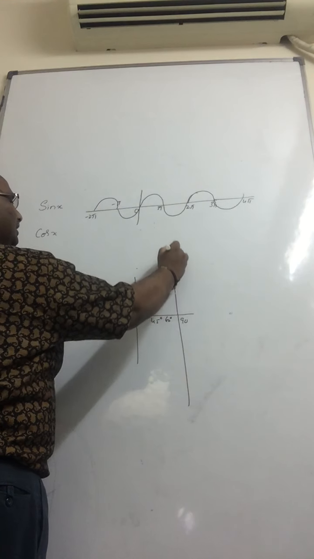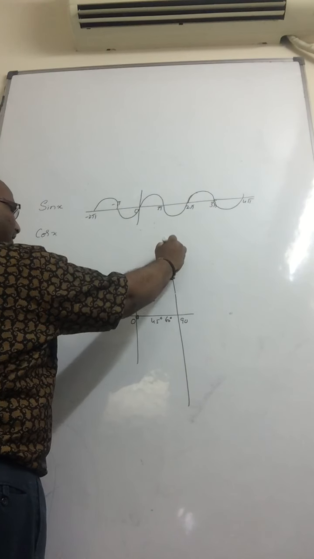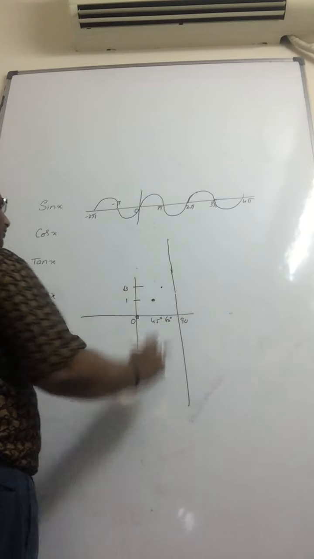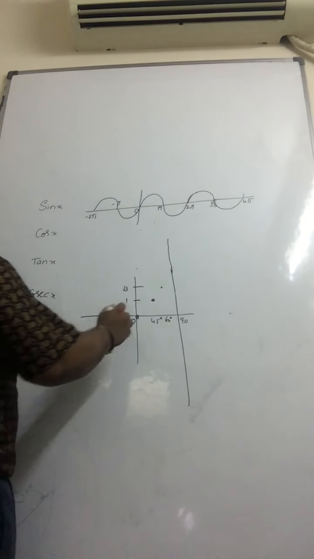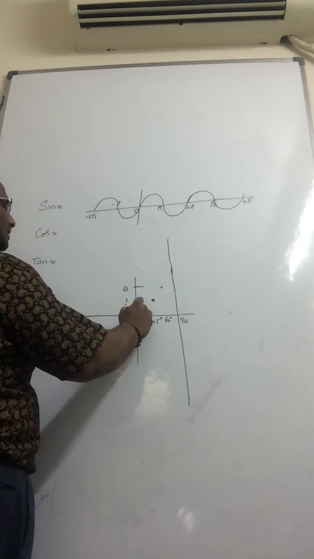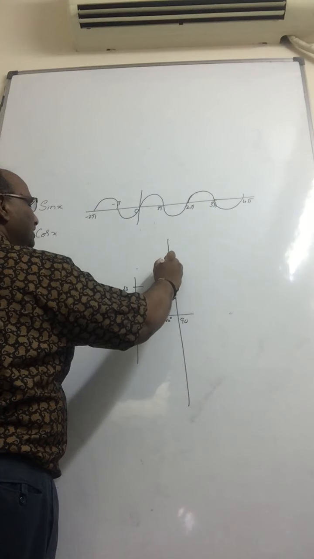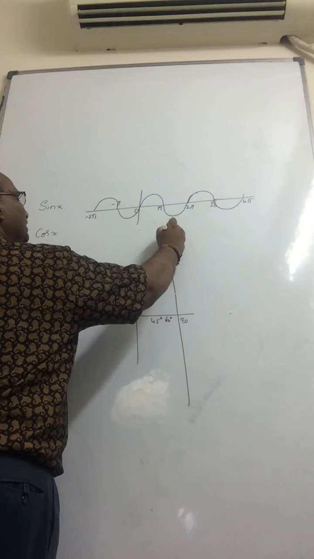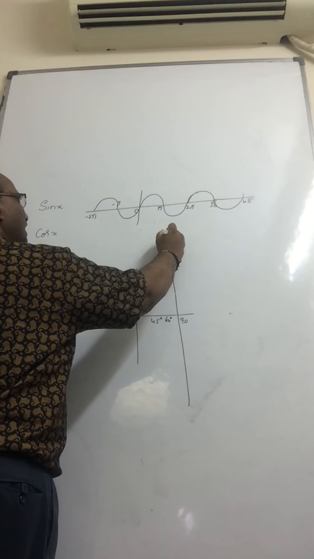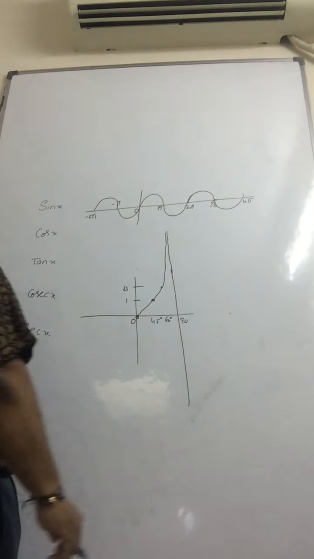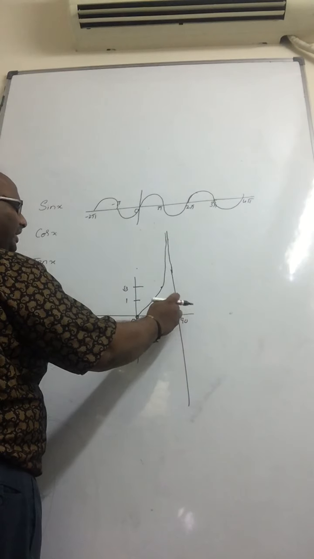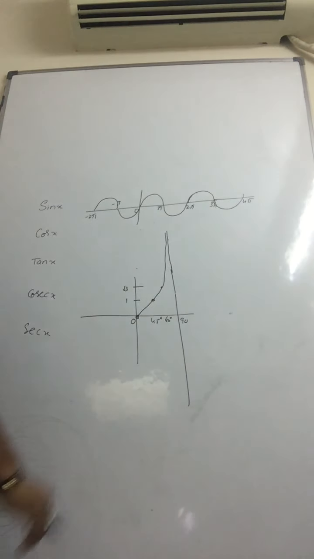Tan 90 is infinity. I don't know the exact value of infinity. We take it in the larger sense, as if you go on joining all these points, infinity is represented by a vertical line, and this curve never touches that line. So as x approaches 90, tan x approaches a larger value, infinity, and we draw like that.